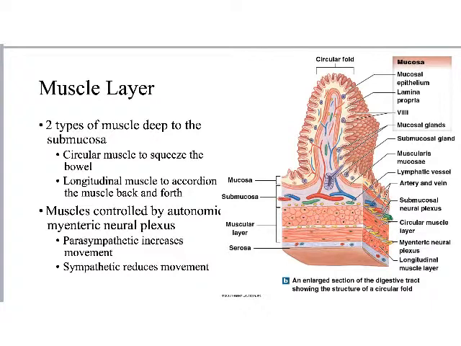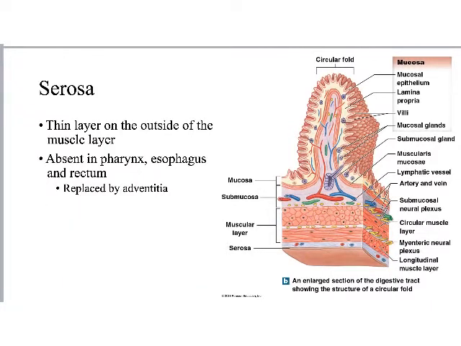As for sympathetic and parasympathetic, you should know this already from the nervous system chapter, but parasympathetic is going to increase gastrointestinal motility, or the movement within the gastrointestinal tract. Sympathetic stimulation is going to reduce that or slow that down. That's why we say parasympathetic is rest and digest, because part of digestion is movement of the bowel so that you can move food in the right direction.